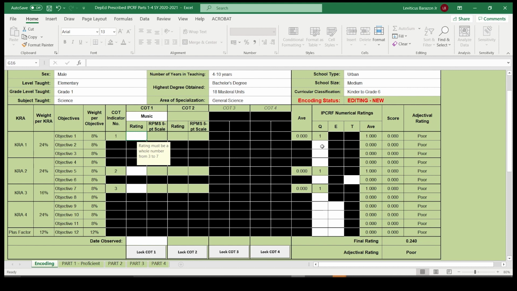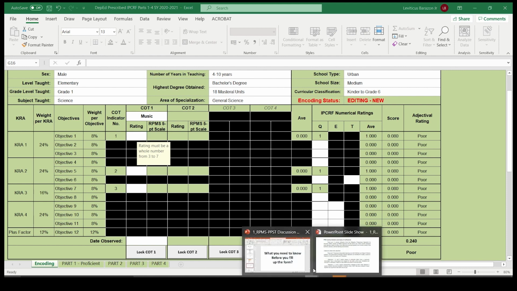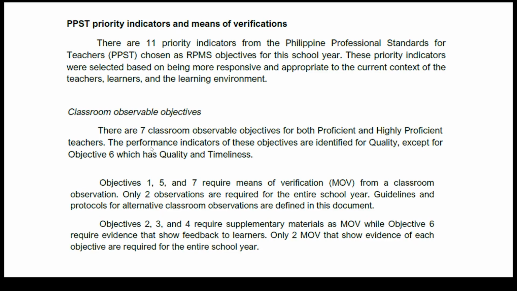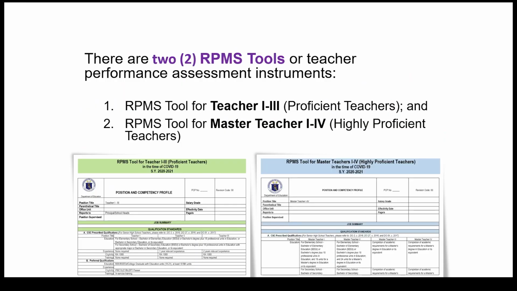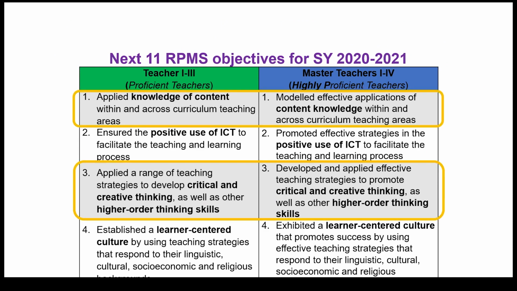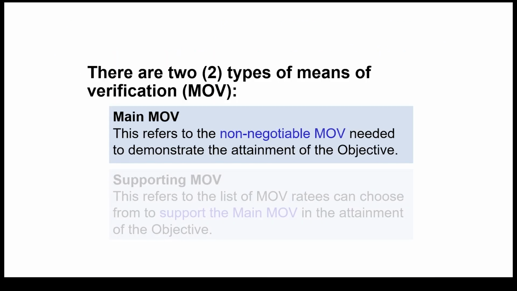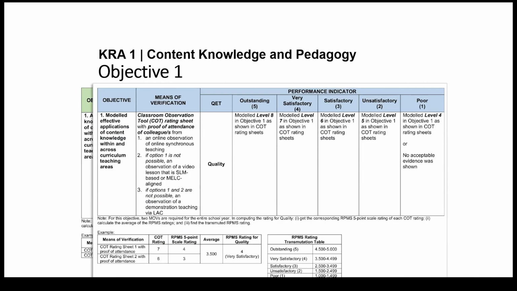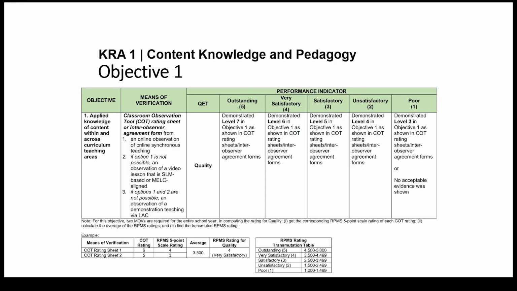In addition, when we go here, let's talk about that later on. What is our basis of putting our scores can be found using this PowerPoint presentation that is found in our video description down below. So just take note that we need to be aware of these rubrics here. I have placed it here for you. Let's say, for example, for objective 1.